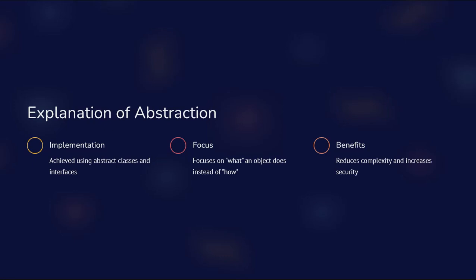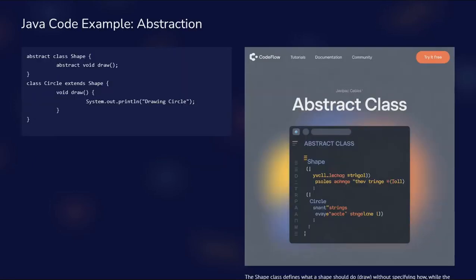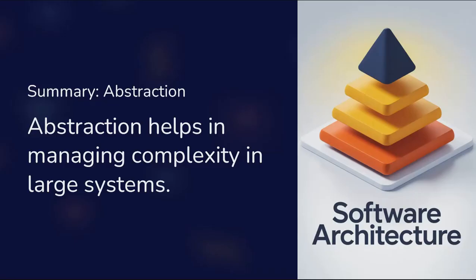Benefits: reduces complexity and increases security. Here is one example. See, abstract class Shape has one abstract method. Class Circle extends the Shape class, so it must define the draw method. So abstraction helps in managing complexity in large systems.